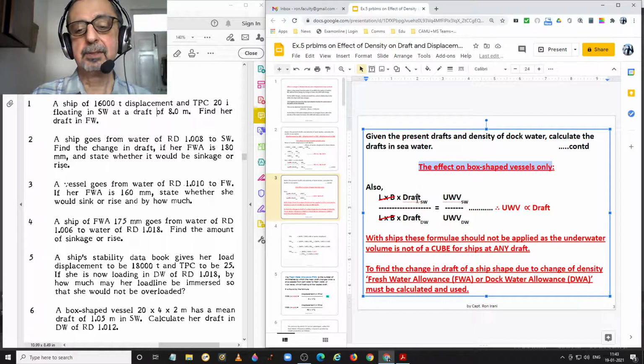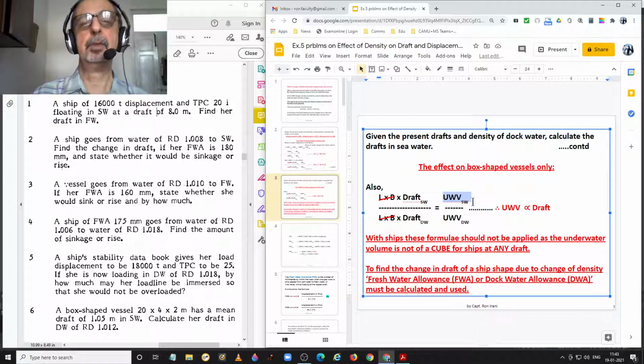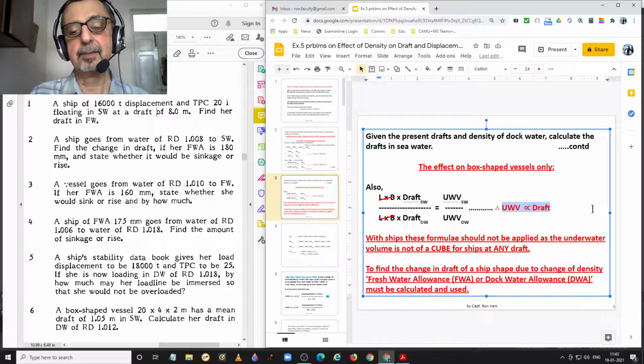So when we substitute that, and we cancel out length into breadth in the numerator and denominator, we find draft in salt water divided by draft in dock water equal to underwater volume in salt water divided by underwater volume in dock water. Hence we see here that underwater volume is directly proportional to draft.